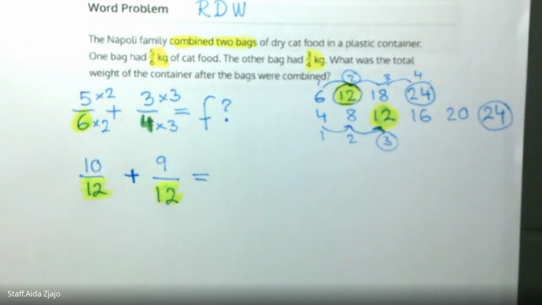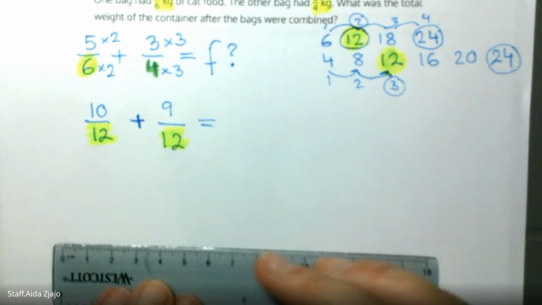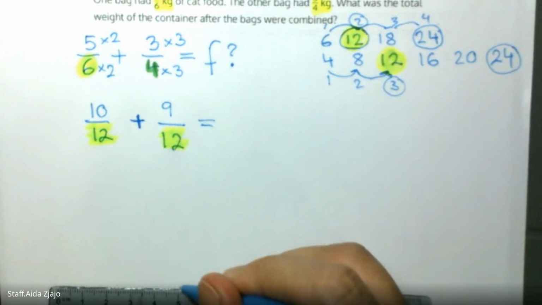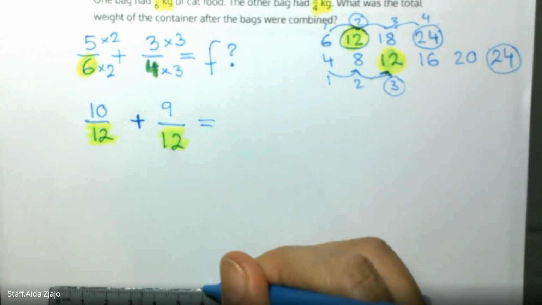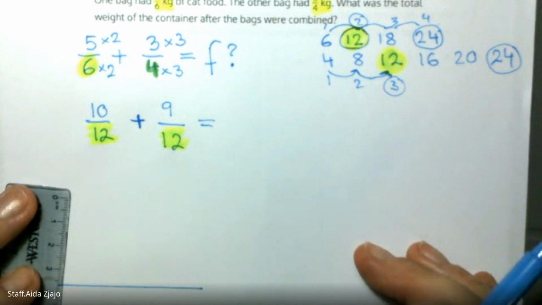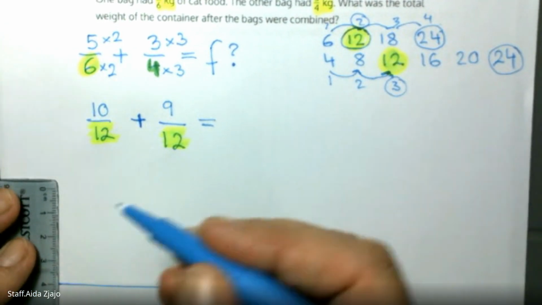How we can show it in a picture is by creating the same wholes. I'm going to use the same wholes. I will do 6 centimeters by 4 centimeters.